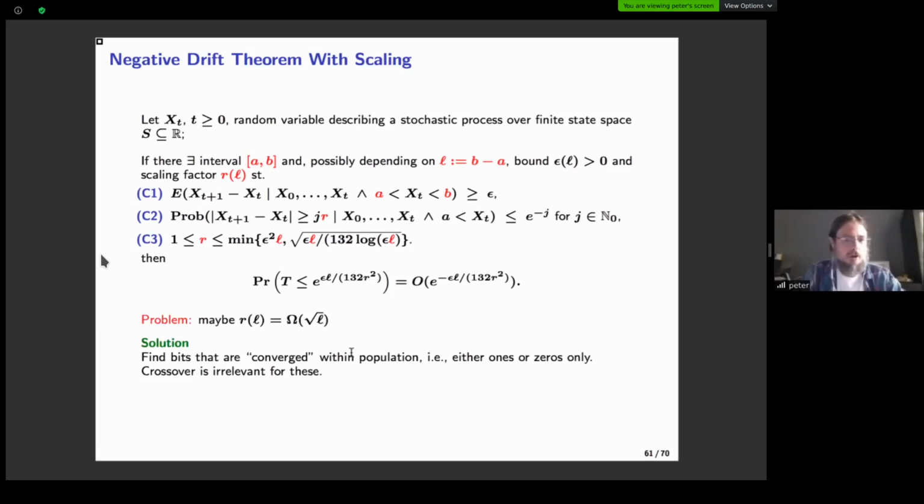It cannot change its value. What we want to show is that if many bits are converged, then crossover cannot make these large jumps in the search space, and we can use the negative drift theorem to show exponential time with overwhelming probability.